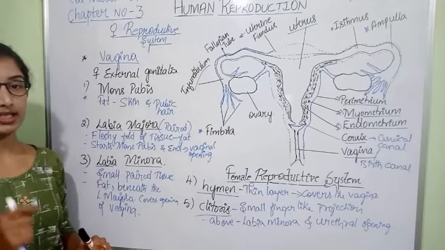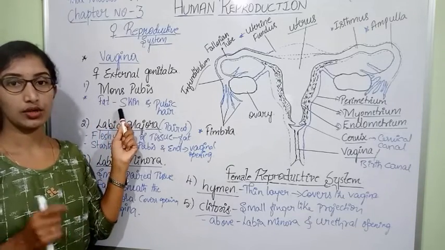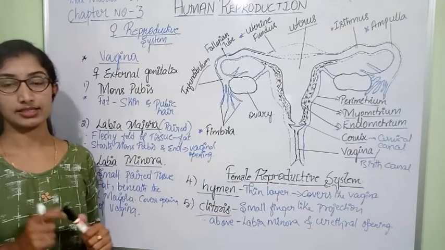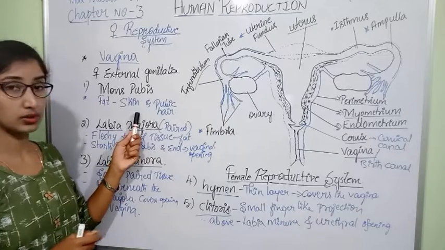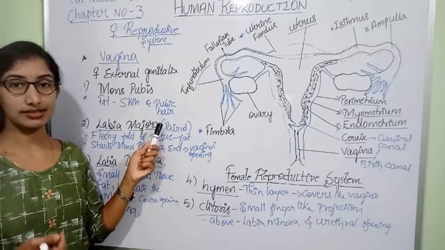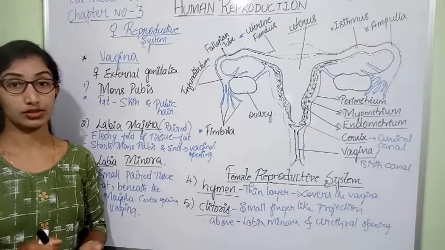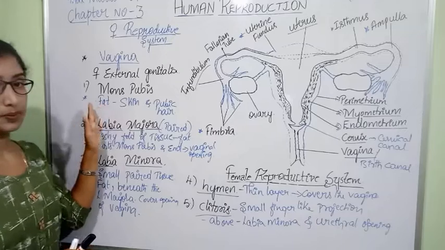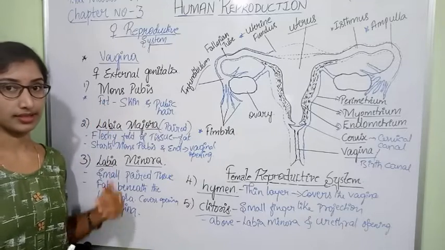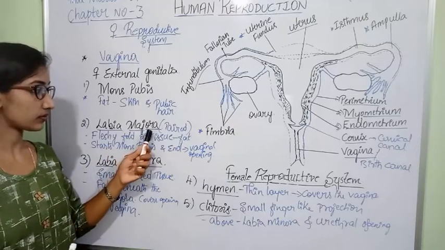Mons pubis is a fatty tissue which is covered by skin and the pubic hairs. The pubic hairs develop during the time of puberty or the adolescent stage. Mons pubis is continued by the next part, that is labia majora.